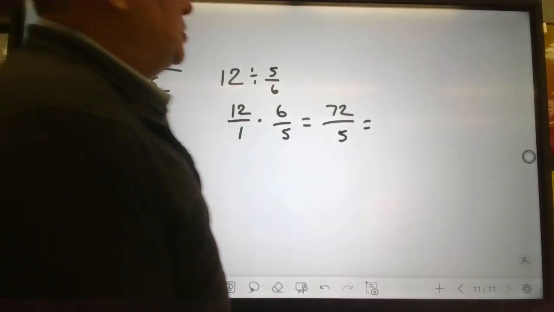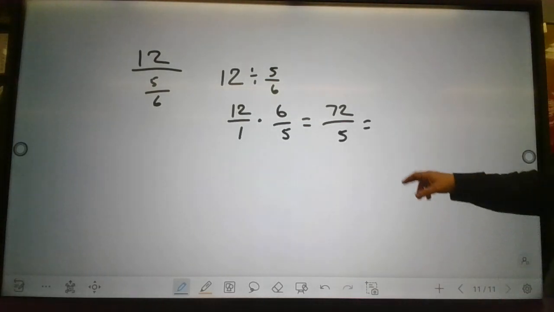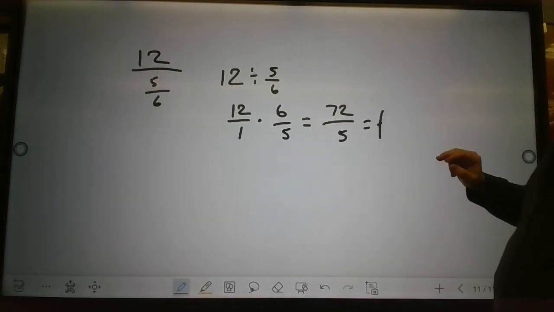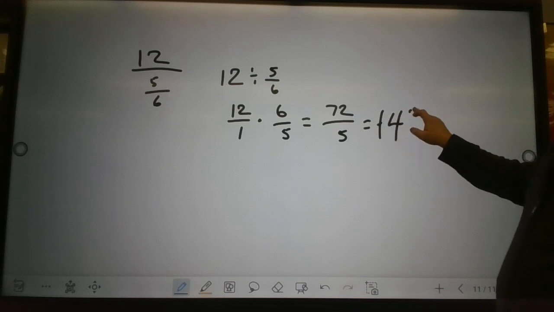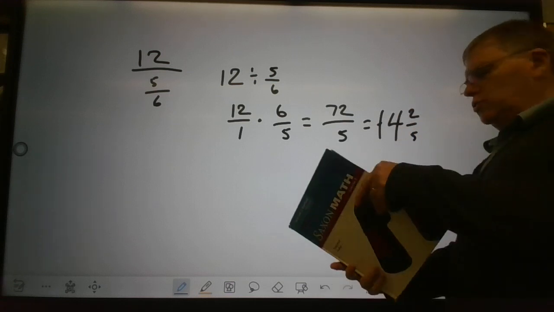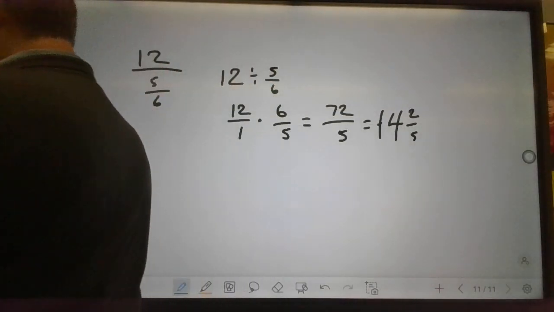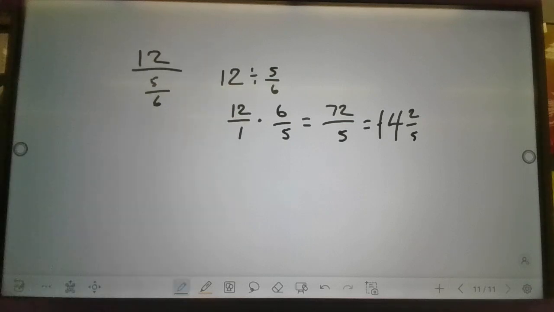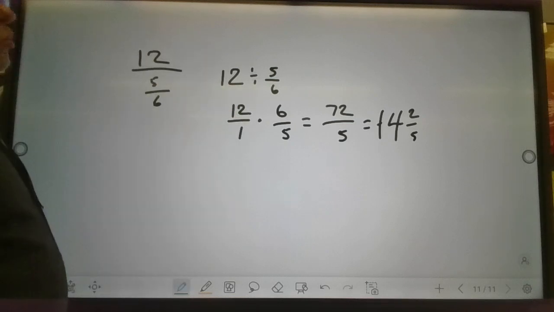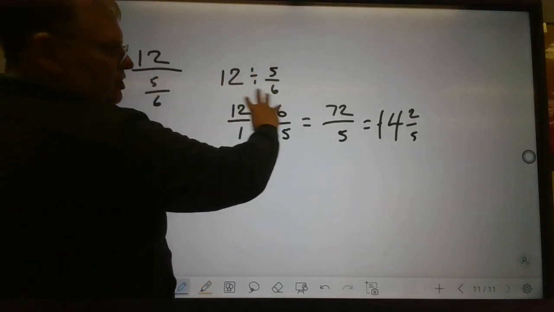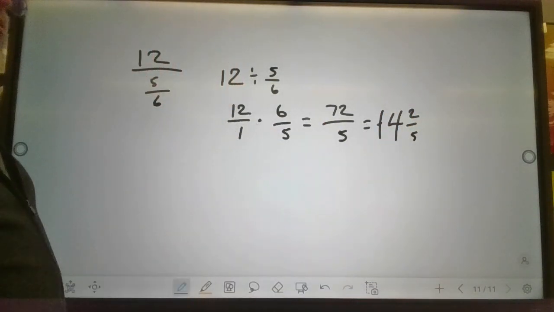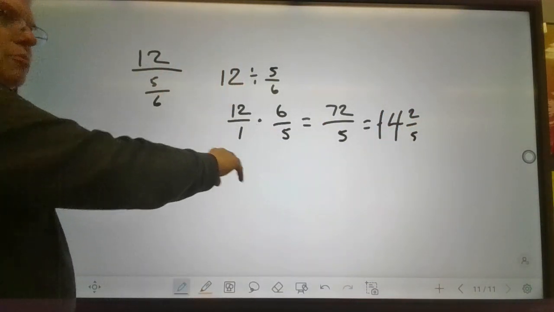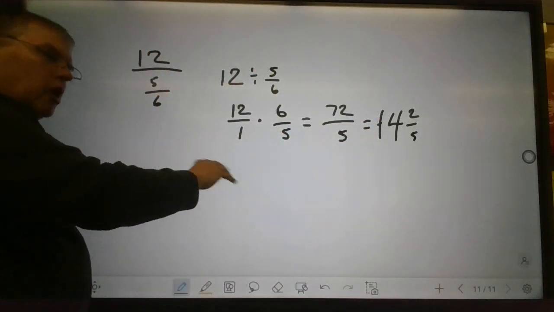Calculator is going to automatically spit this out for you. 5 goes into 72 14 times, with 2/5 left over, so 14 2/5, and that is correct. Could I put 14.4? Well, since it's a fraction problem, you really should go with a fraction answer. I'm not going to mark it wrong, but fraction problem, fraction answer. Decimal problem, decimal answer.